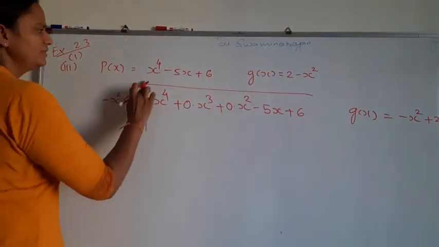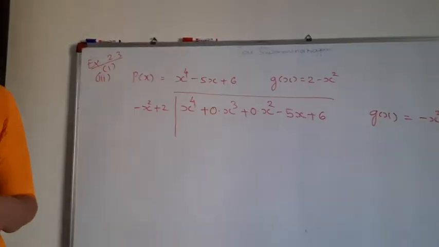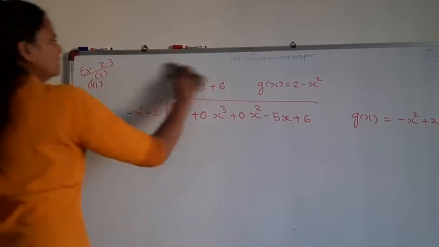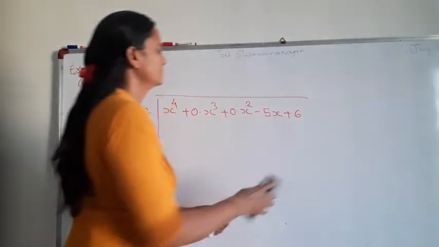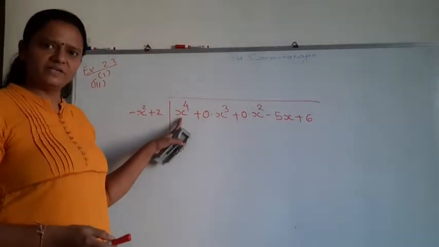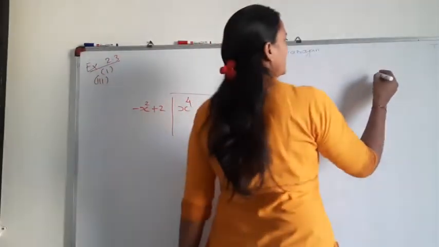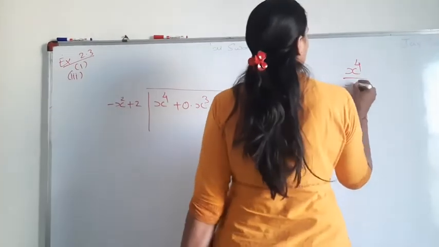Now to find out the first term of the quotient, what we have to do? We have to divide the highest degree term of the dividend by the highest degree term of the divisor. So here we have x raised to 4 and the highest degree term is minus x square.